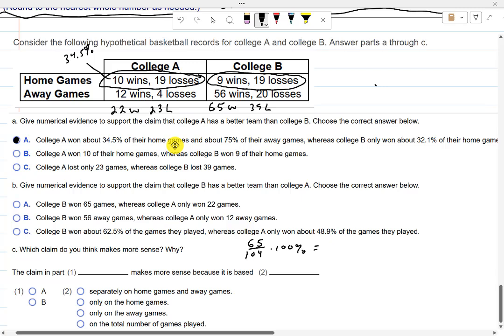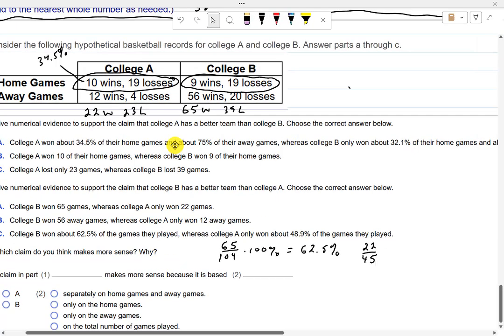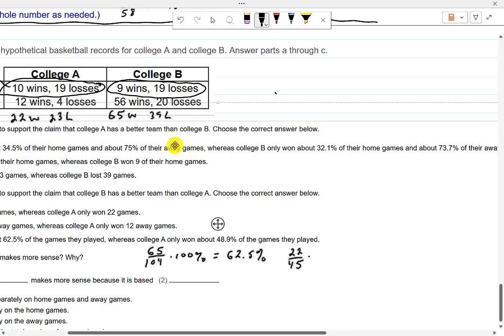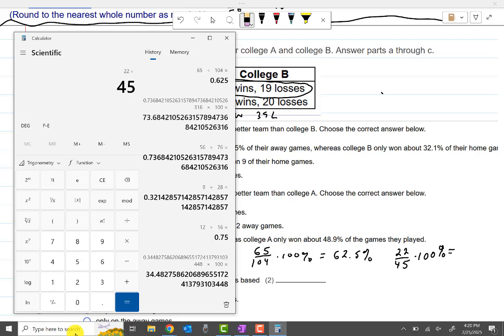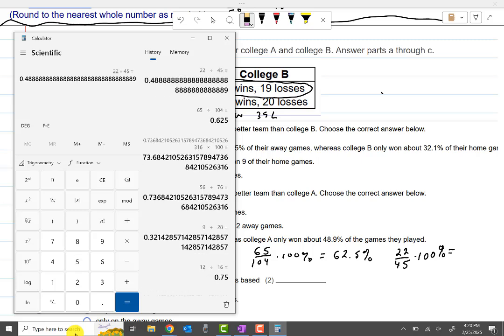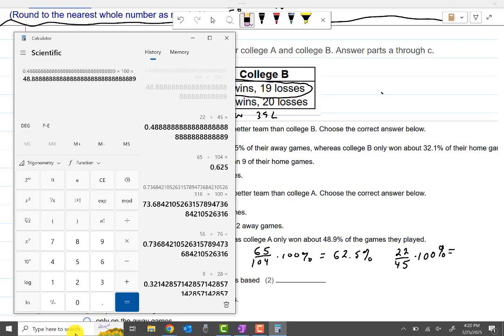Multiply that by 100% to get us that percentage as well. 22 divided by 45 is about 0.4, well, let me multiply by 100. If I round that to one decimal place, that will be 48.9% of the games played.